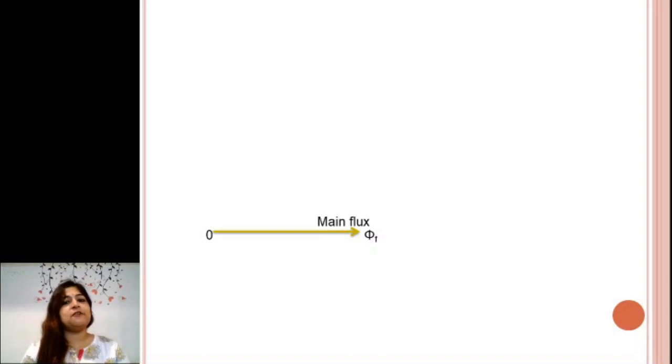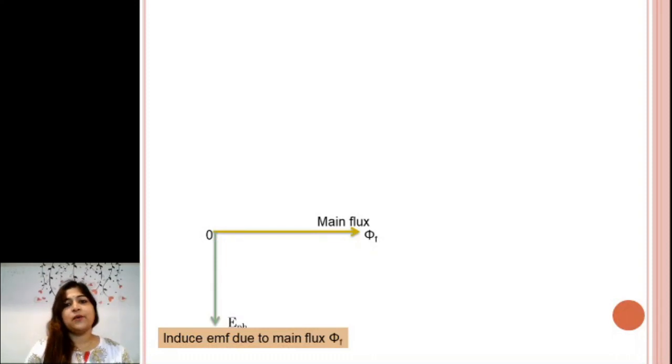So first, main flux is there. It is produced because of the field winding, and it is responsible for the induced EMF. And EMF will have a 90-degree lag relationship with flux. So induced EMF will lag by 90 degrees with respect to main flux phi f, like this, right?